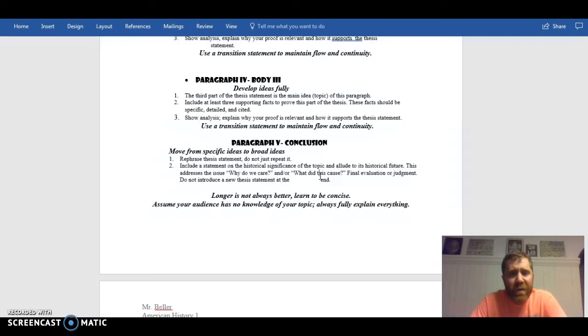I would make sure that when we look at the final evaluation or judgment, we want to compare the presidents, and we want to say which one, in your opinion, was a better example of an effective leader. One key thing here is that you do not want to introduce any new information, any new evidence here in the concluding paragraph. This is when you're wrapping up the essay.